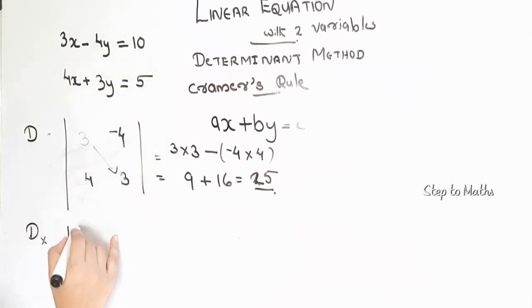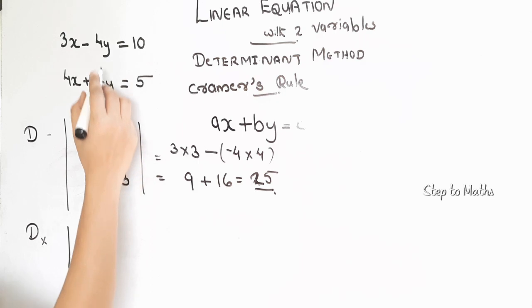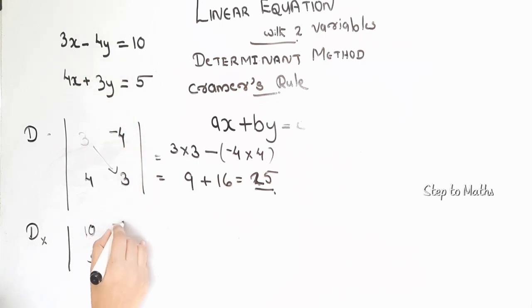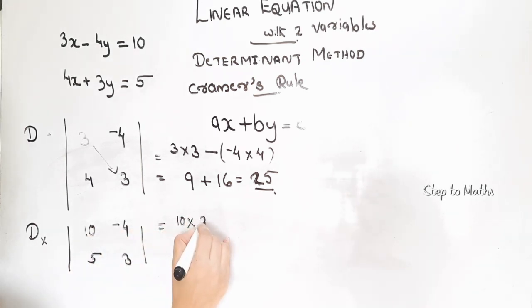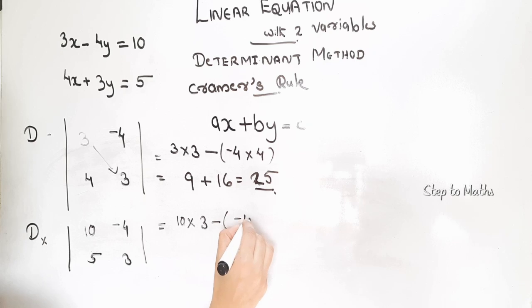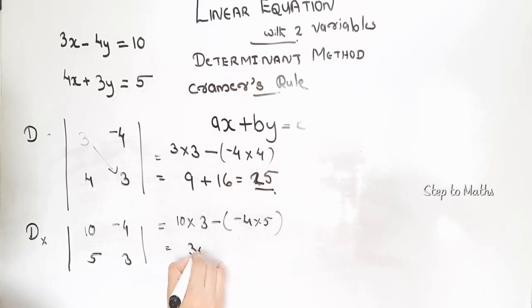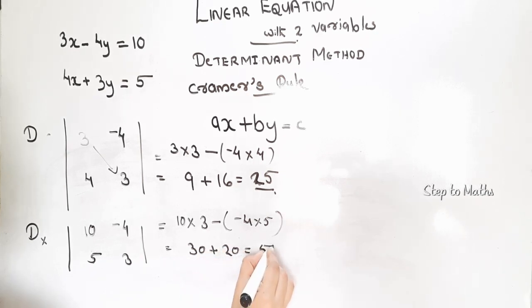That is, 3 and 4 are replaced by 10 and 5, and the coefficients of y remain the same, minus 4, 3. The value of the determinant is 10 into 3 minus minus 4 into 5. That is 30 plus 20, 50.